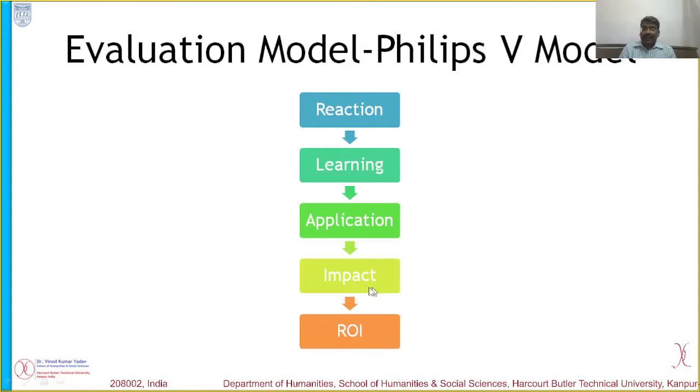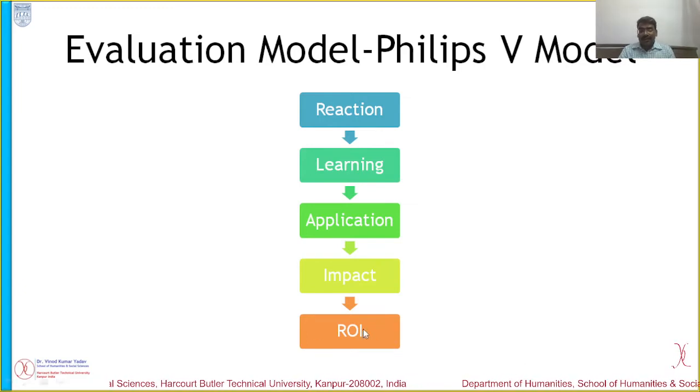And impact is studied to see to what extent you have achieved your business goals. Now, achievement of business goals is one thing. Jack Phillips says that you need to study and evaluate the training as an individual activity in which you have invested some amount. And if you have invested some amount in that training, you must get a return.